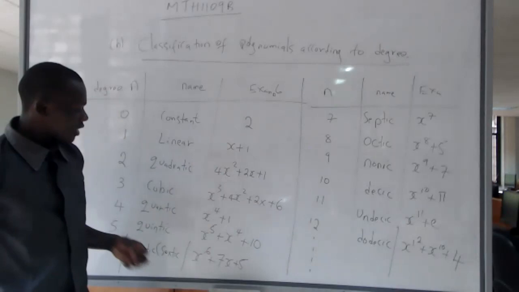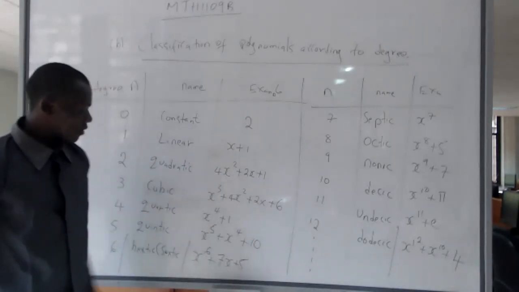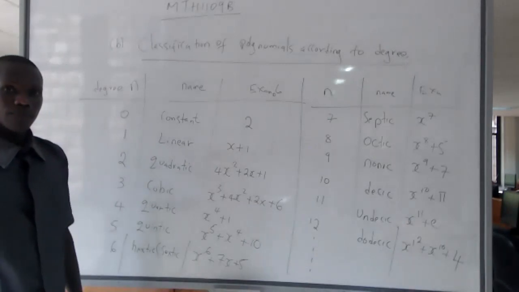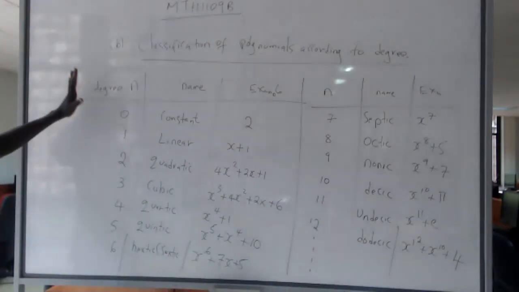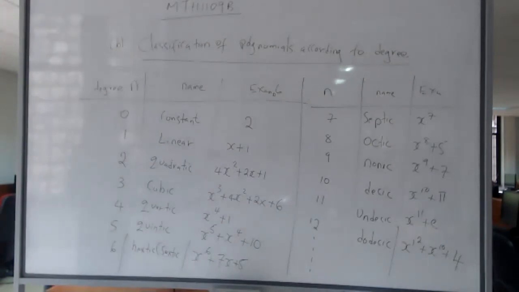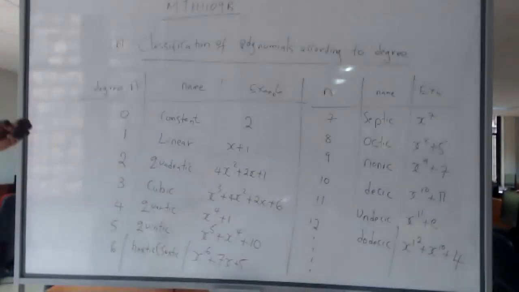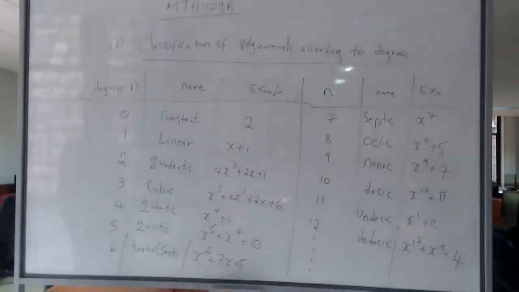I'm only interested in the ones that have non-zero coefficients, 1, 7, and 5. Okay? Yes, thank you. So for now, these are the classifications we will look at: constant, linear, quadratic, cubic, quartic, quintic, hextic. These actually follow the Latin ordinals.